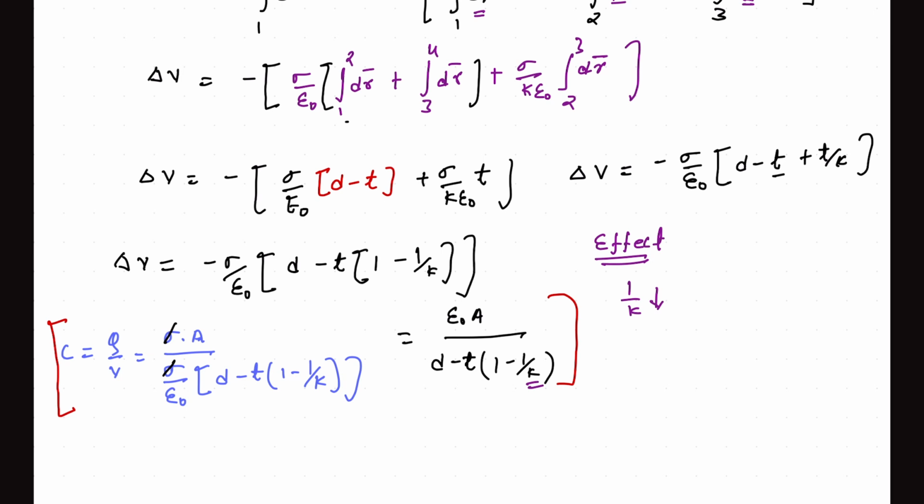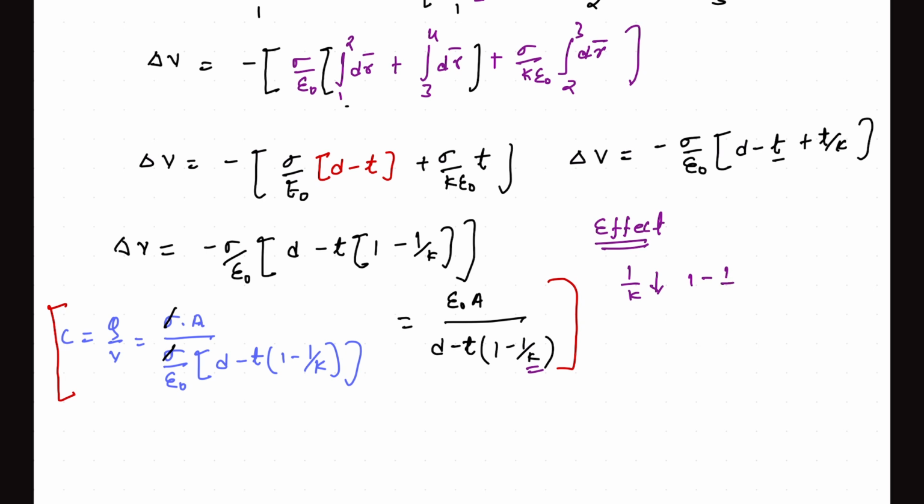So the total value 1 minus 1/K will increase, and the total value d minus t(1 minus 1/K) will decrease, and because of that the capacitance will increase. So in total, if I am increasing K, the capacitance is increasing.